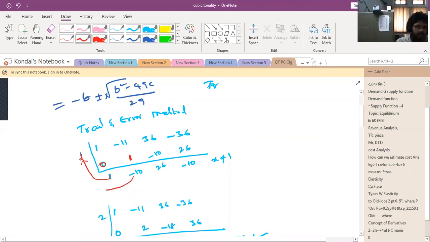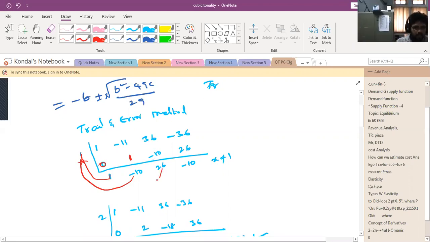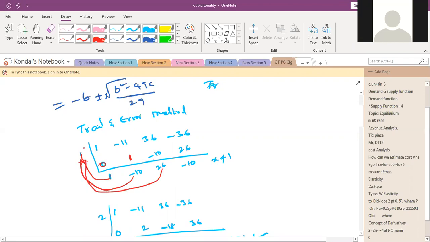Minus 10 into 1 again is minus 10. So 36 minus 10 is 26, and 26 into 1 is 26. 36 minus 26 is 10, so the value will not be cancelled. That's why x is not equal to 1.